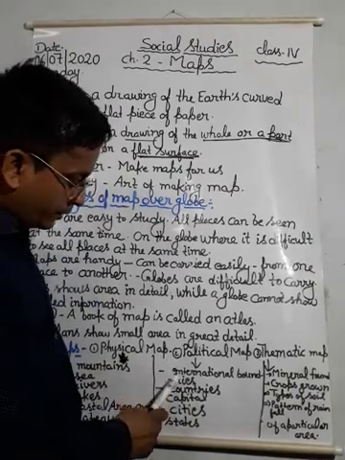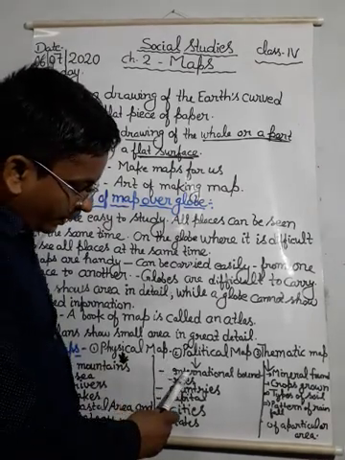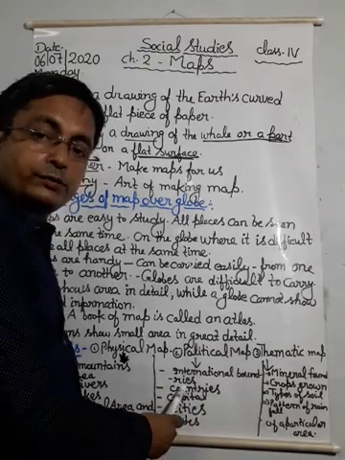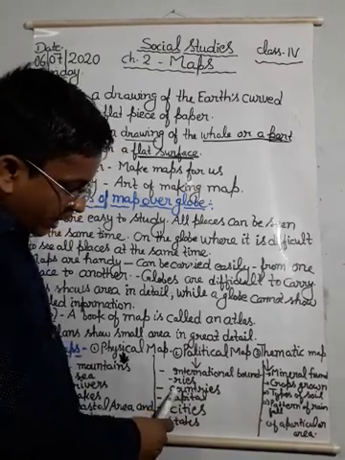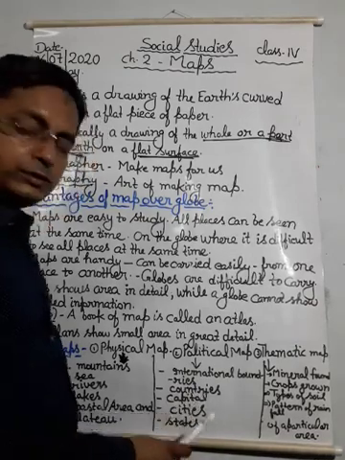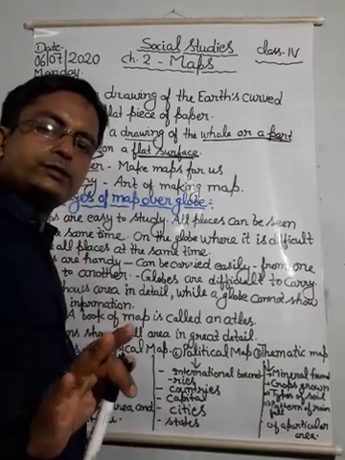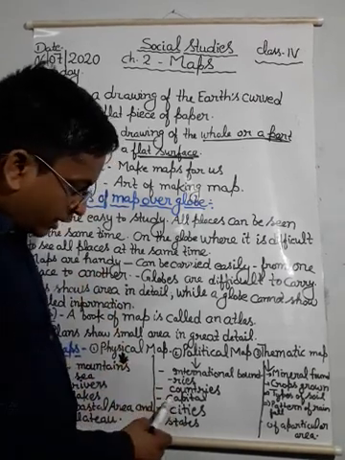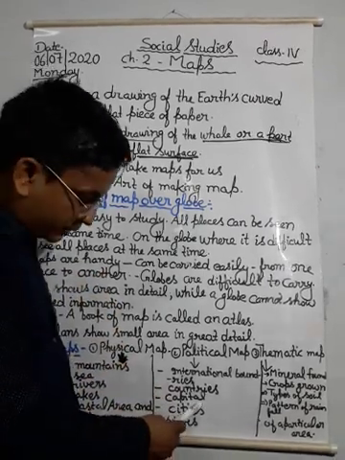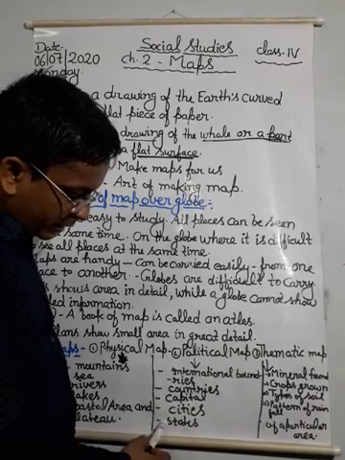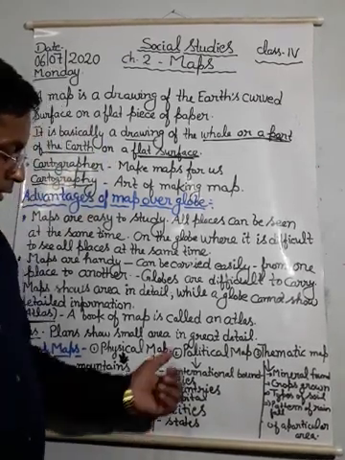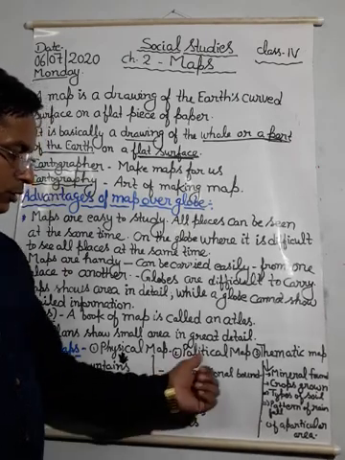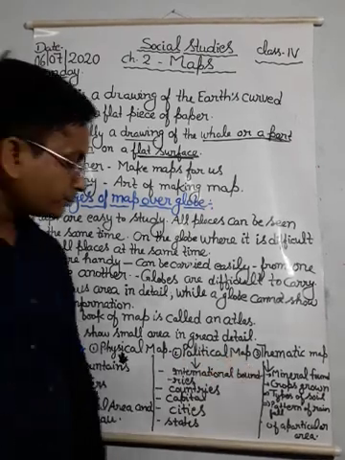In a political map we can show international boundaries, and different countries' boundaries, and different capitals, cities, states. In a political map we locate these things, so it is called a political map.